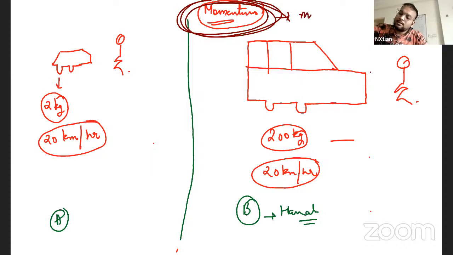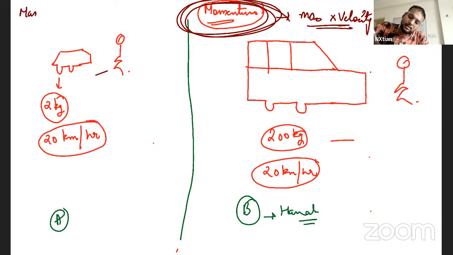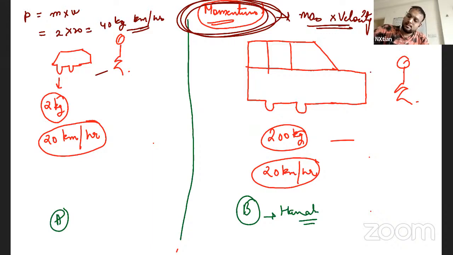Momentum is basically mass into velocity. Momentum is represented by P, which is m into v. Here the momentum is 2 into 20, which is 40 kg km per hour.